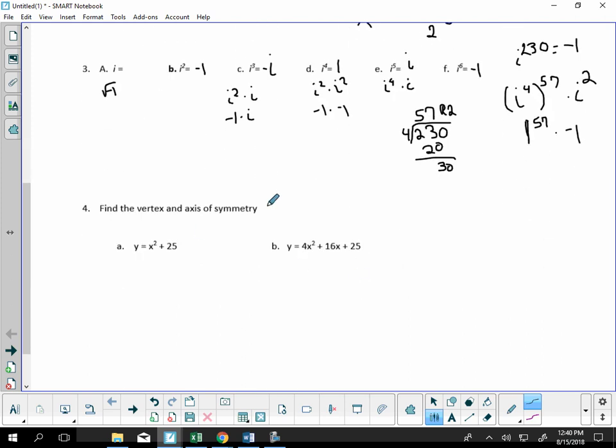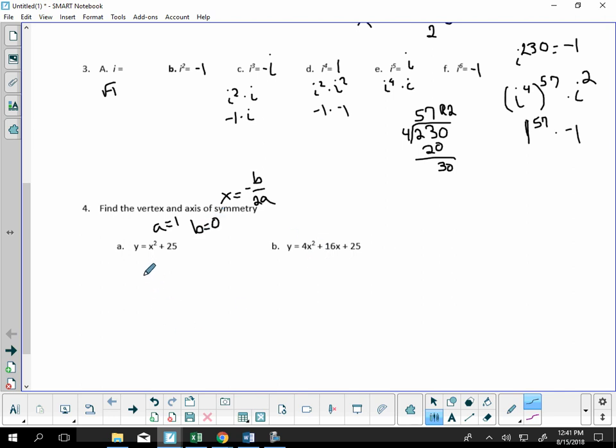Axis of symmetry. x equals negative b over 2a. The trick on this first one, a is 1, b is 0.